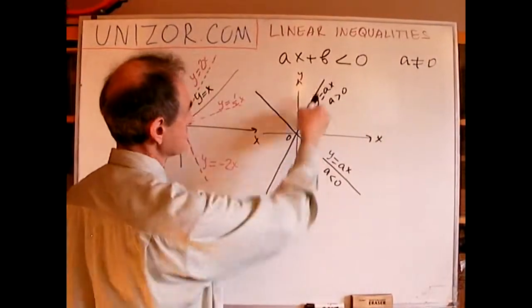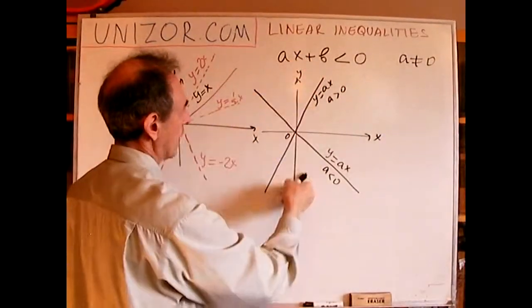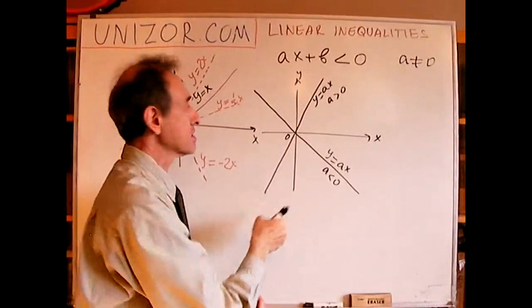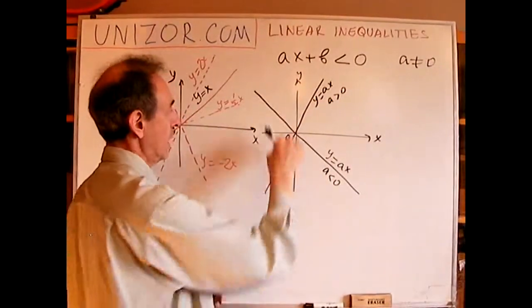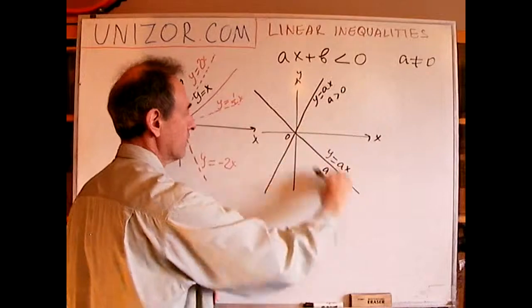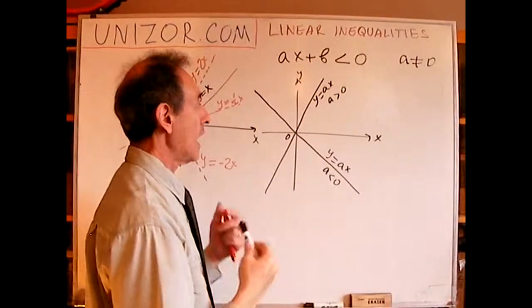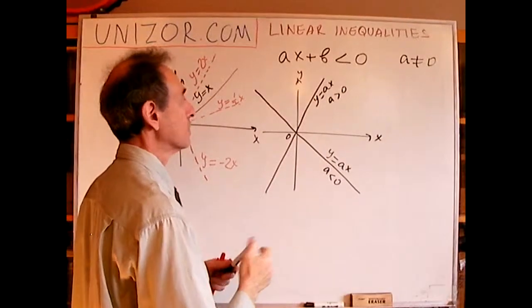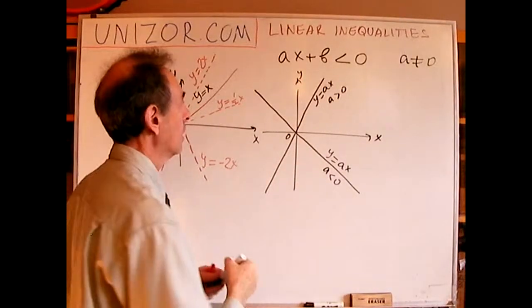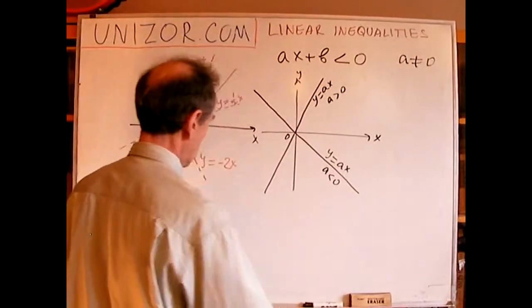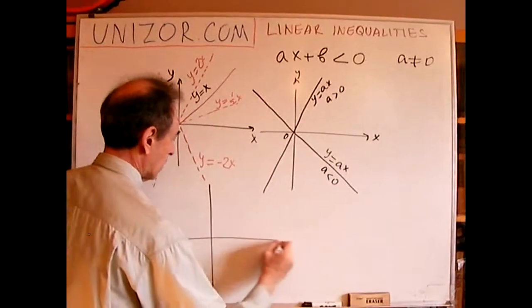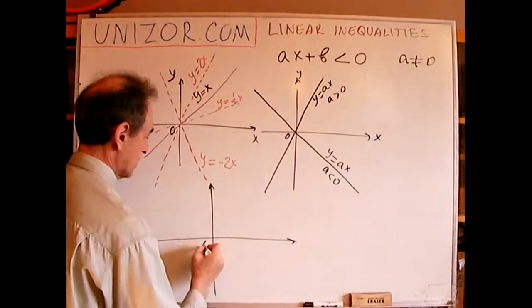So if I move this particular graph up or down, it will still be monotonically increasing because it's directed upwards. And this one will be directed downwards again, regardless of where I move it up or down. So I will use, for instance, movement up, but it doesn't really matter. So on my next graph, I will put it this way.